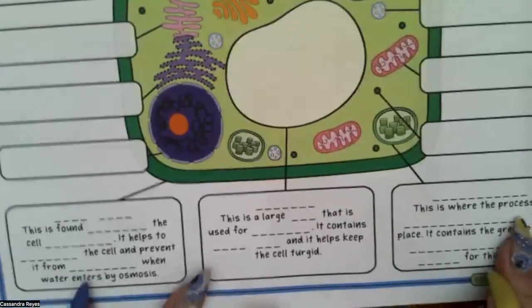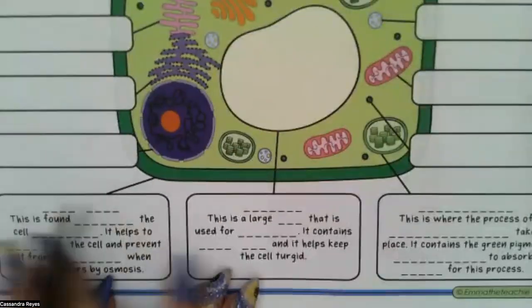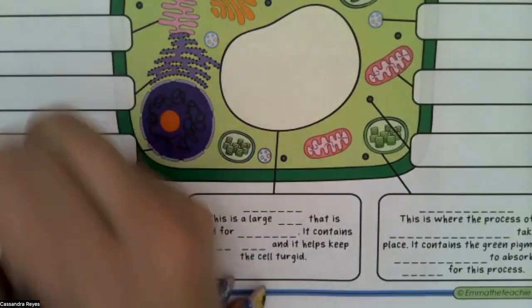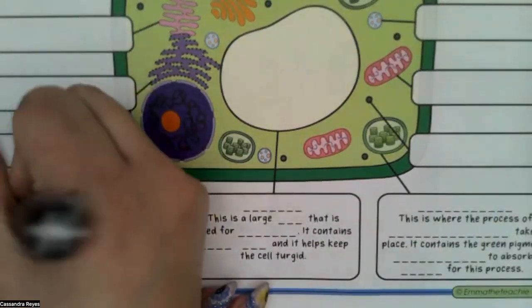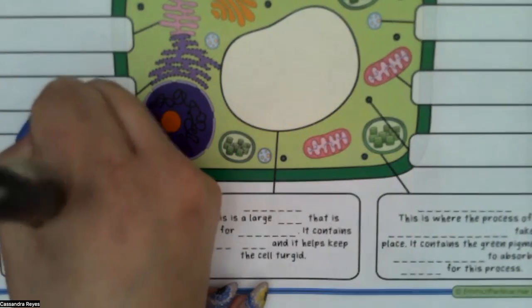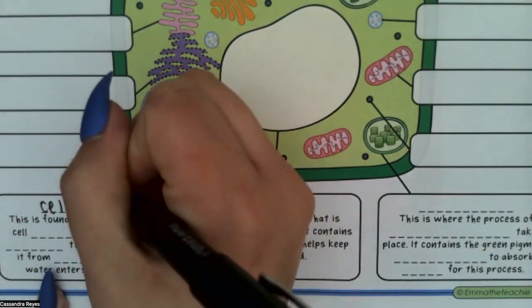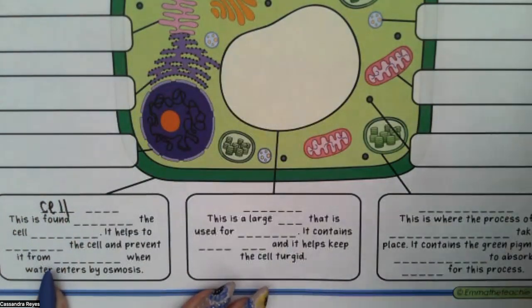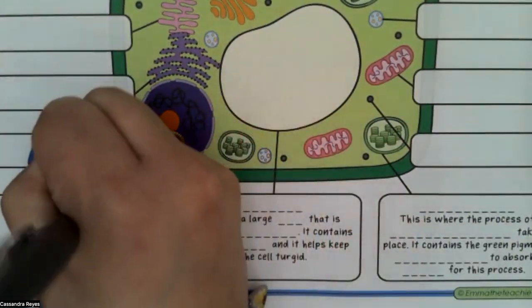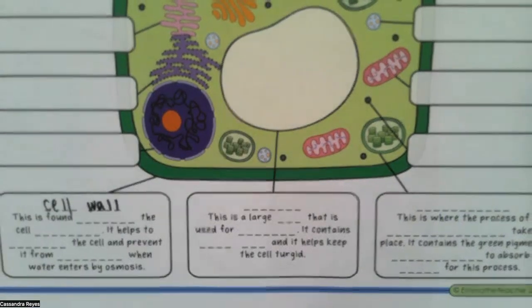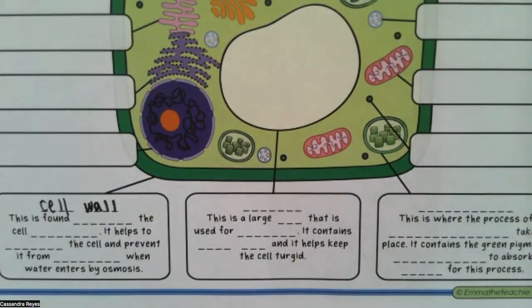Down here at the bottom, we've got 3 things that we need to talk about. Let's go ahead and fill out the names, and then we'll come back to talk about what that means. So first of all, we're going to talk about the cell wall. Sorry, I got really confused. I was like, cell membrane. That's not the cell membrane. I was looking at the animal cell, not my answer key like I should have been.